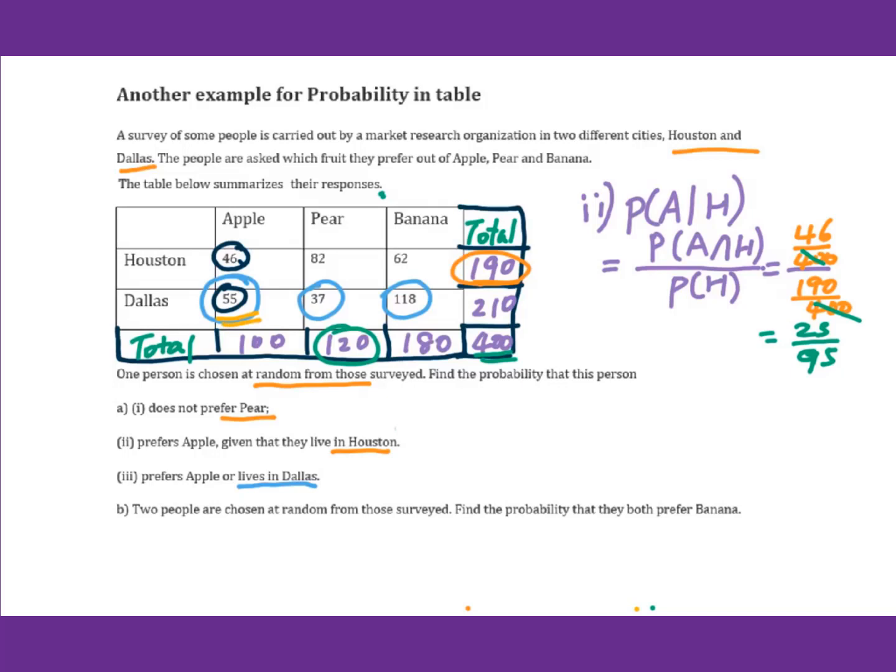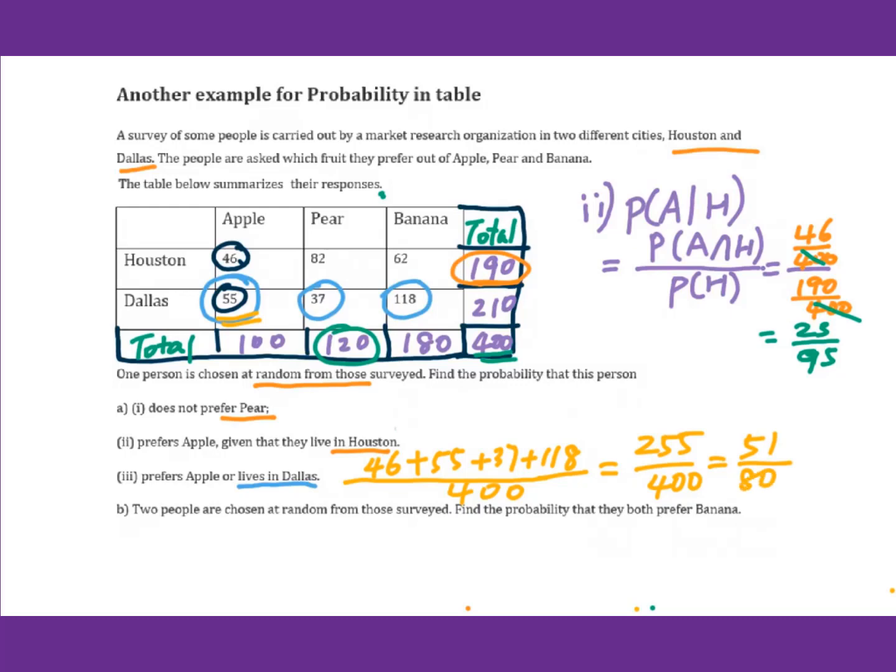Therefore, for this kind of problem, you need to add 46 plus 55 only once, plus 37 plus 118, then over 400 equals 255 over 400. Then you can reduce. You will get 51 over 80.